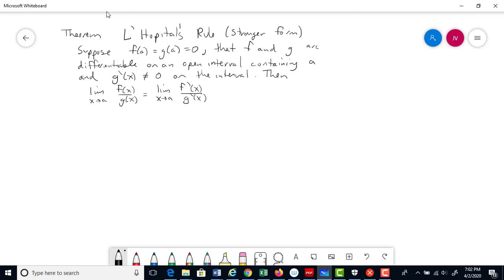In the previous exercises, A and B, this limit exists. The function that spit out, f prime over g prime, was actually defined at a, so we could just plug in a. But that might not be the case. So what this allows us to do is keep applying L'Hopital's rule over and over again until you're no longer in indeterminate form.